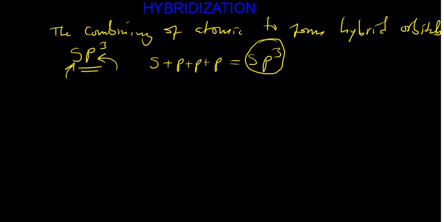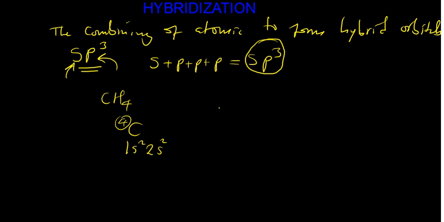This kind of hybridization is very important when it comes to compounds like methane. So you have carbon.